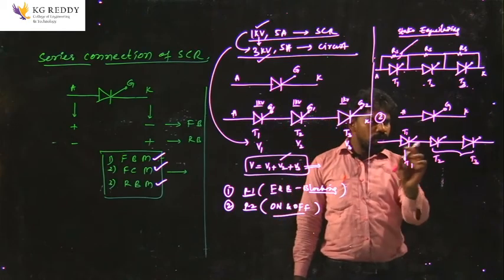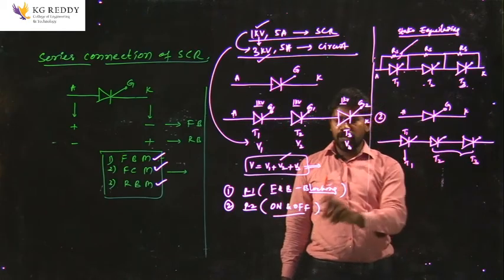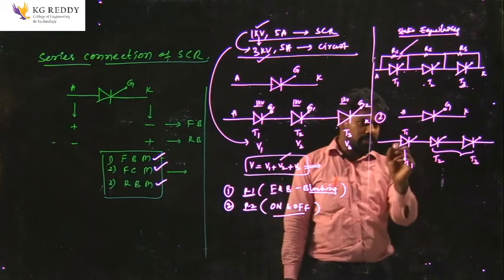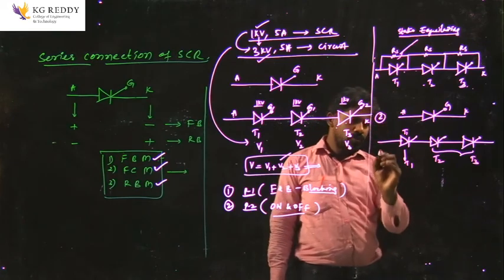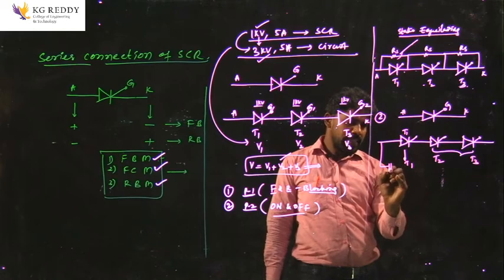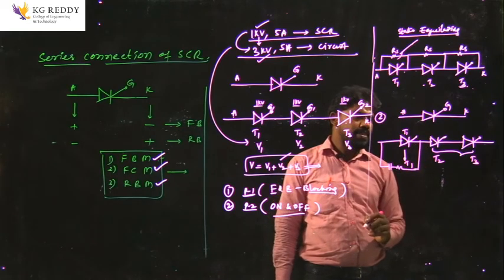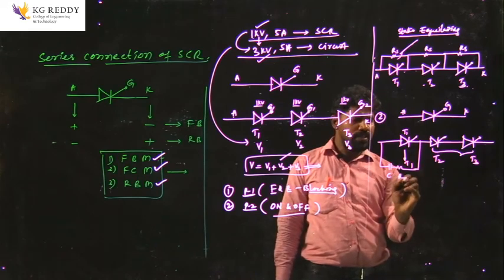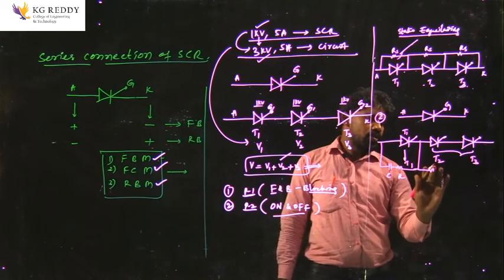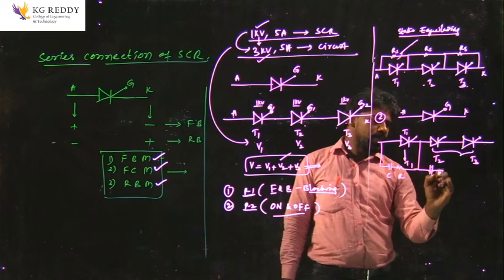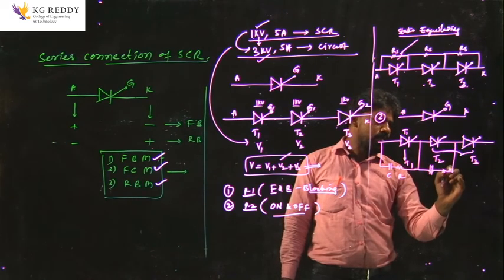To overcome this turn on and turn off problem in series SCRs, we connect a series capacitor and resistance across each SCR.